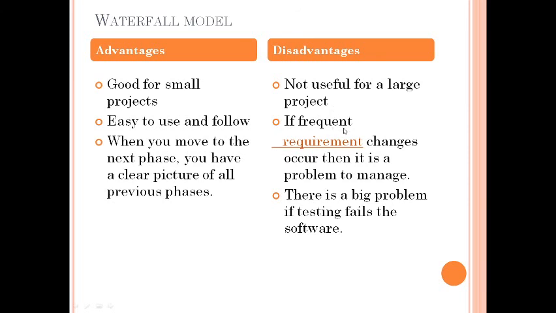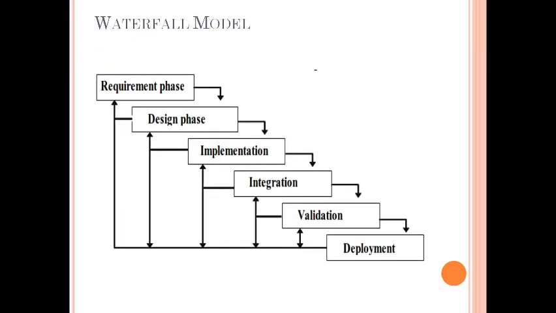If new changes or new requirements come, it will be a problem to manage because I have to follow all the phases again. If testing fails in one phase, again I have to shift back to the first phase and follow all the phases again. So these are the disadvantages of the waterfall model. So we have seen completely how the waterfall model works.